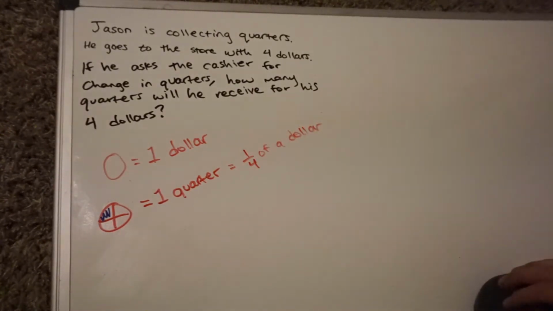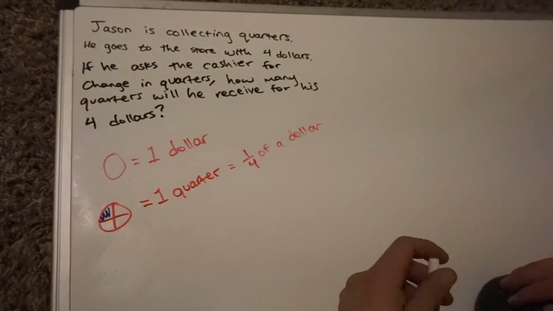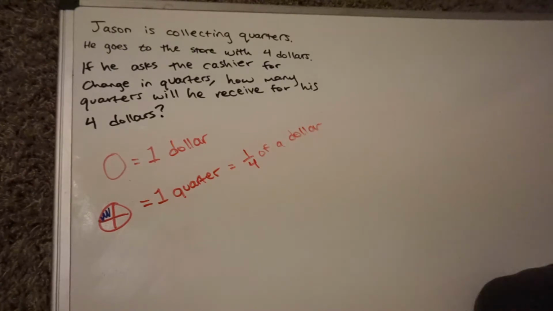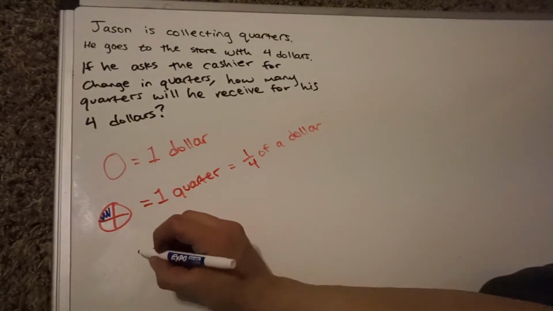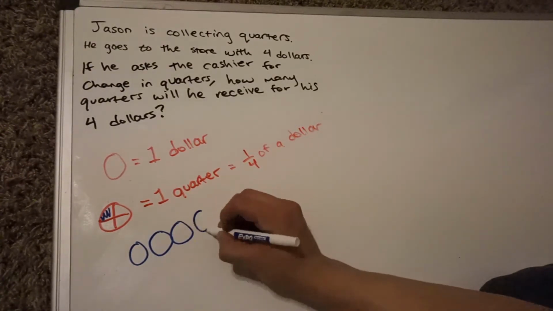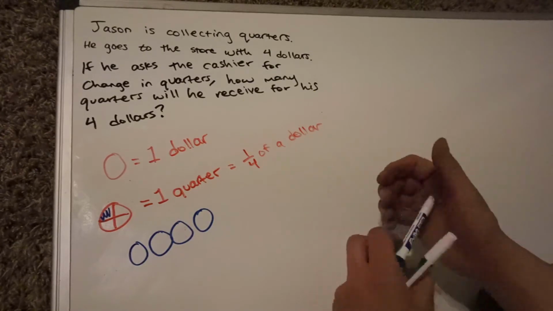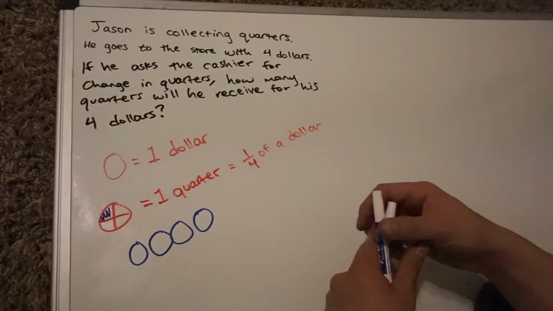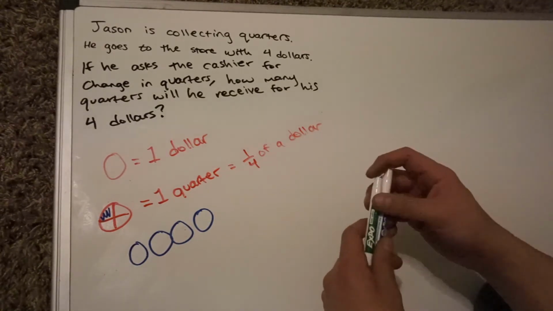Now that we've identified what our area models represent, we can solve this problem. We know that Jason has $4, so that's 4 circles. The question is asking how many quarters he'll receive for his $4 from the cashier when he asks for change.